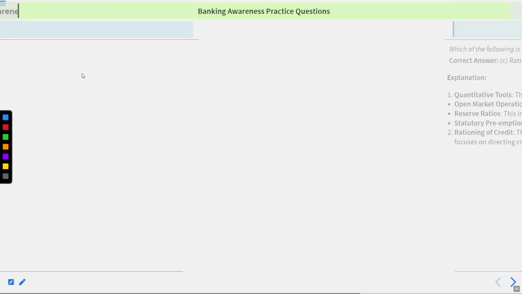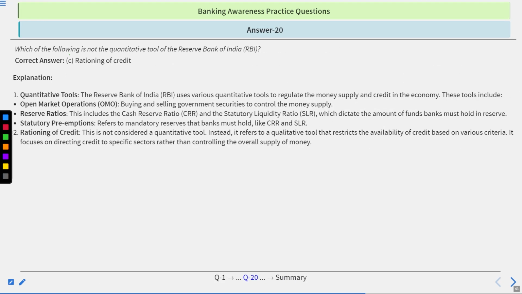Okay, the time's up. Correct answer is rationing of credit. Go by the explanation. Quantitative tools. The Reserve Bank of India uses various quantitative tools to regulate the money supply and credit in the economy. These tools include, first, open market operations, buying and selling of government securities to control the money supply.